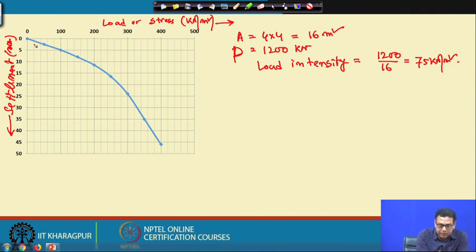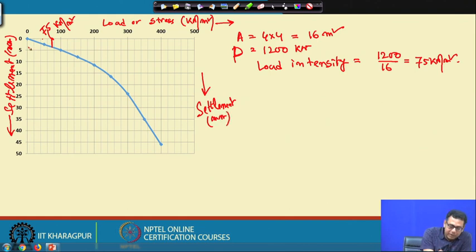Now, for 75 kilonewton per meter square, each line here represents 20 kilonewton per meter square. So, 75 will be, this is 20, 40, 60, so it will be around here. This is 75 kilonewton per meter square, and this axis is the settlement axis in millimeter.